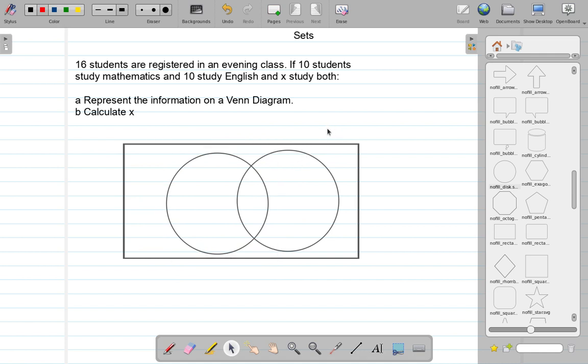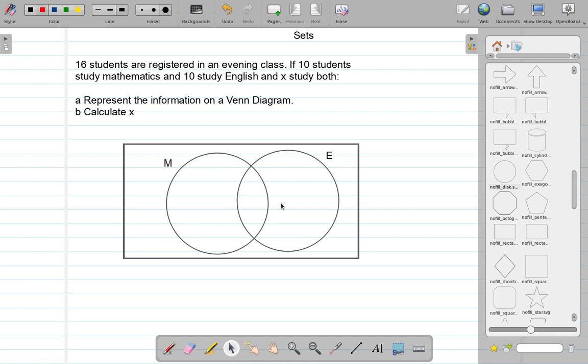Okay, good. So I have M to represent mathematics and E to represent English. So this circle represents the set of students doing mathematics, and this the set of students doing English.